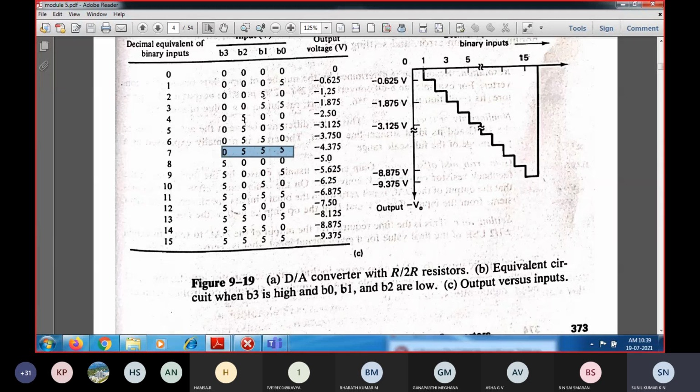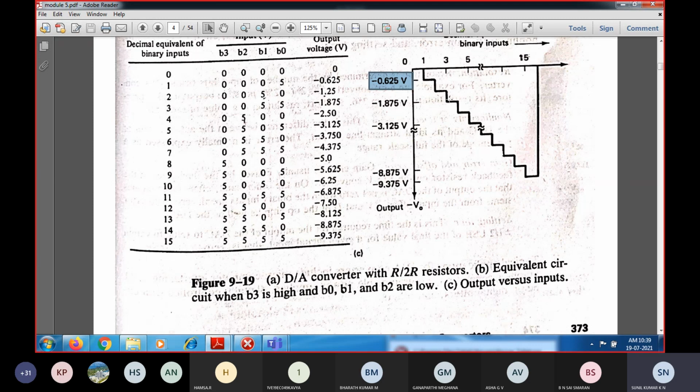For B3, B2, B1, B0, when the B0 bit is high, you will be getting the output voltage as minus 0.625, and for 0010 you can see again you add 0.625, so you get minus 1.25 respectively. Similarly, for every increase in the input, you will be getting minus 0.625 as the step height.